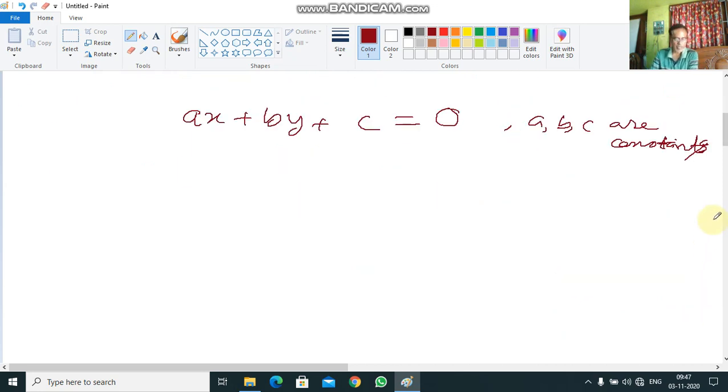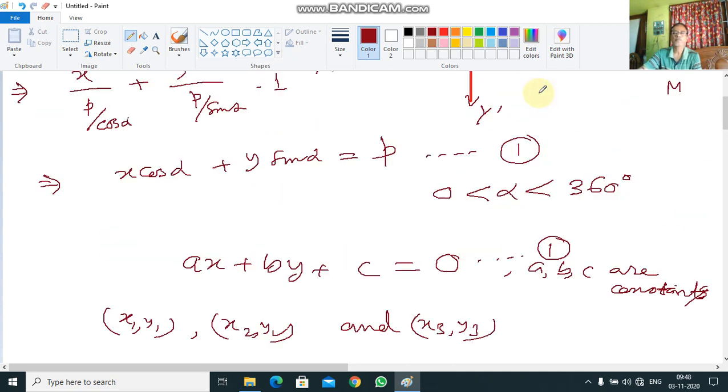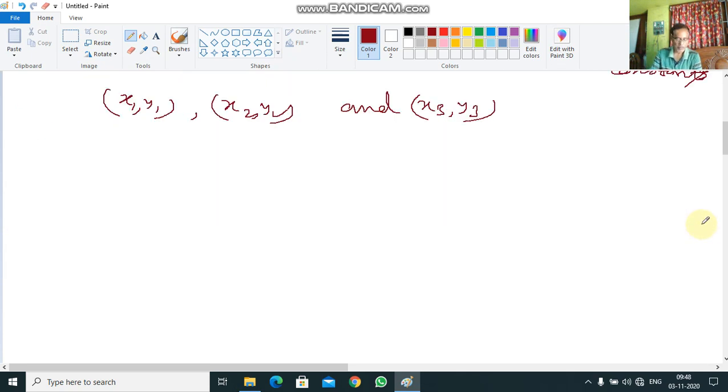Let us take any 3 points x1, y1, x2, y2 and x3, y3 on the locus represented by equation 1.